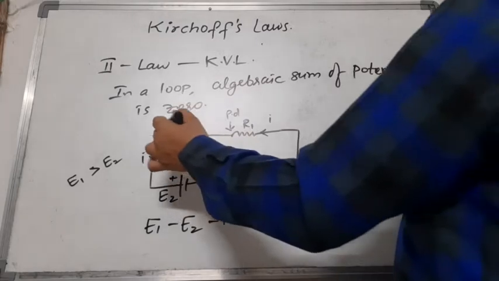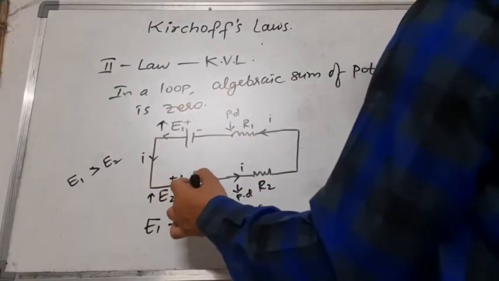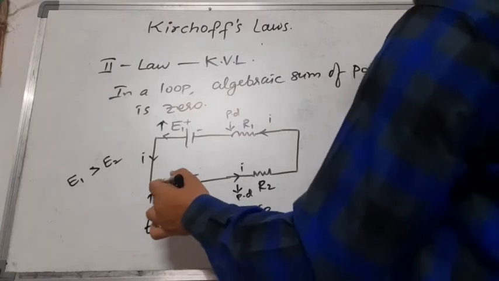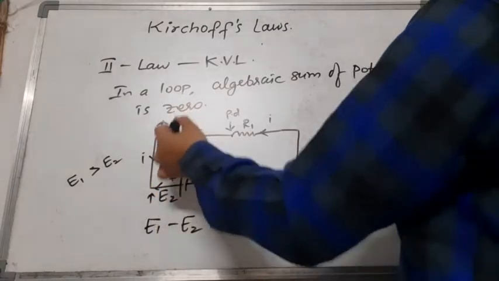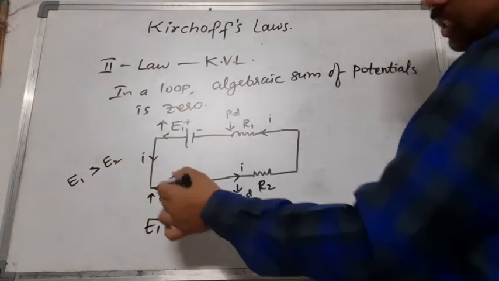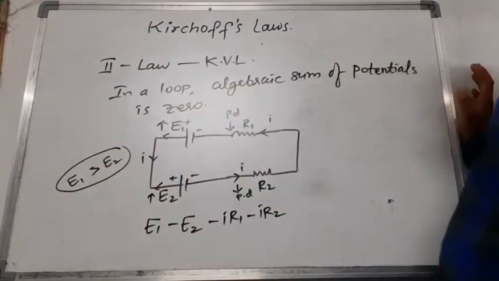Here this is a potential rise, and this is also a potential rise, but in the opposite direction. The current from E2 will flow in this direction, but E1 in this direction, so we are subtracting these two, and the resultant current will flow in this direction if E1 is greater than E2.